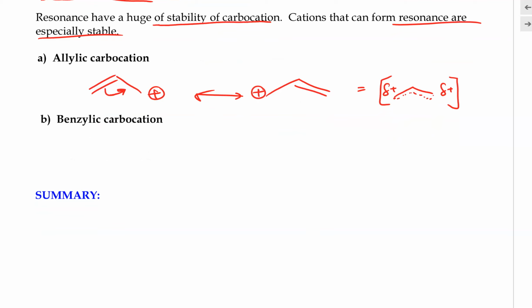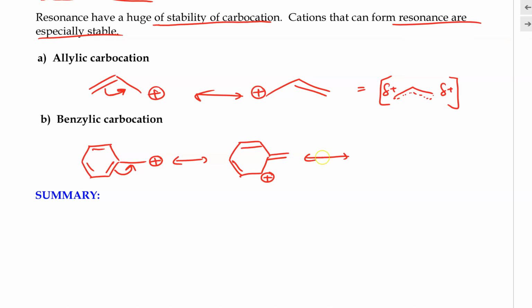Similarly, the benzylic carbocation can also be stabilized by resonance. For example, here is how that can be done. Here is a benzylic carbocation, and as we can see, this positive charge can attract the electrons from the ring over to produce this resonance structure.